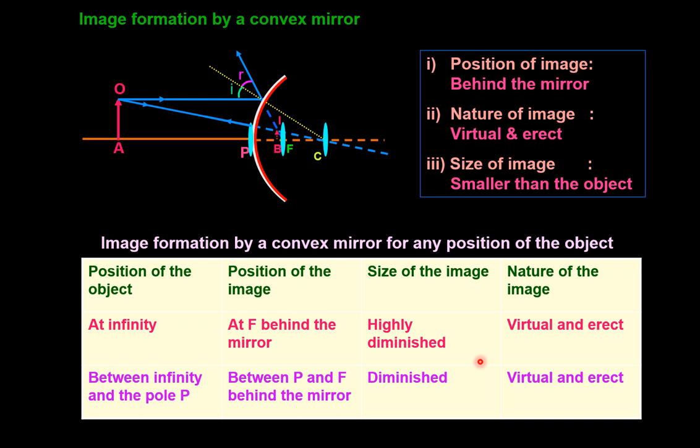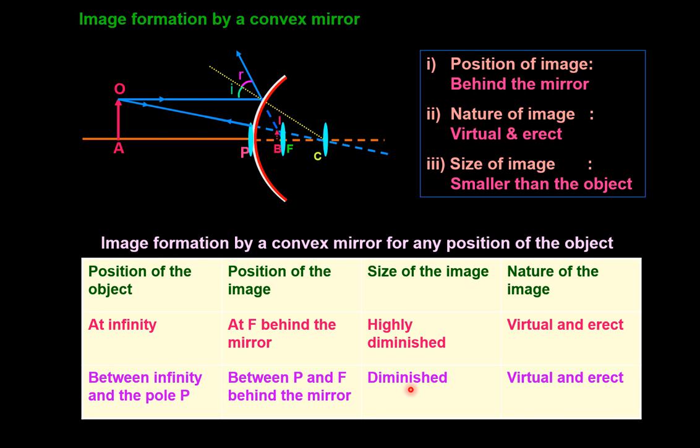Try to listen carefully. What type of mirror shall we use to obtain a virtual, erect and magnified image of an object placed in front of a given mirror? You have to tell the name of that mirror.